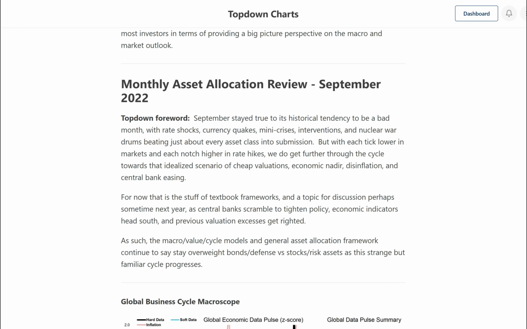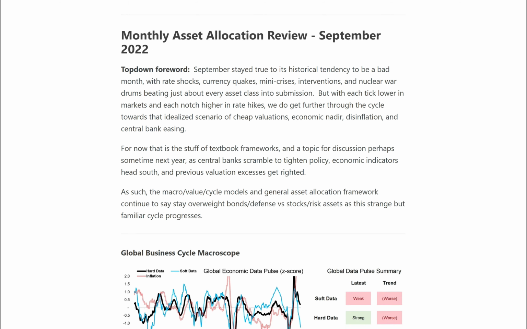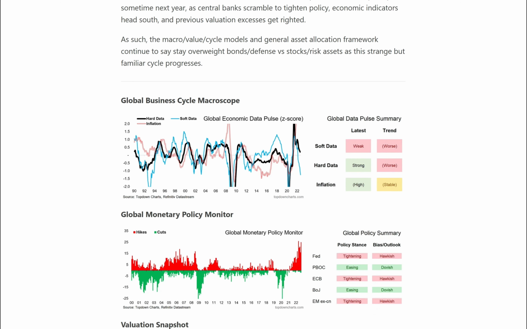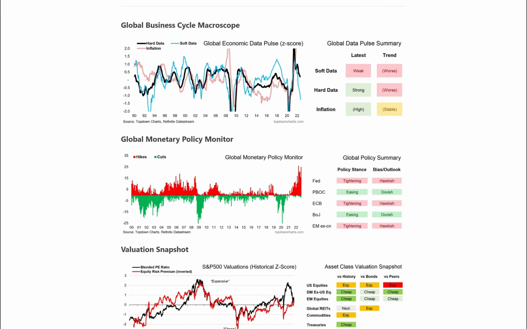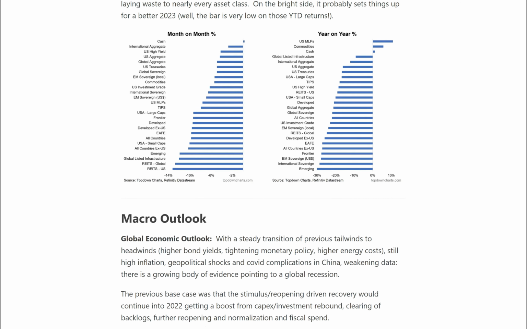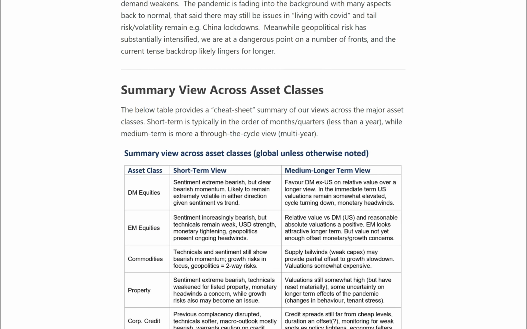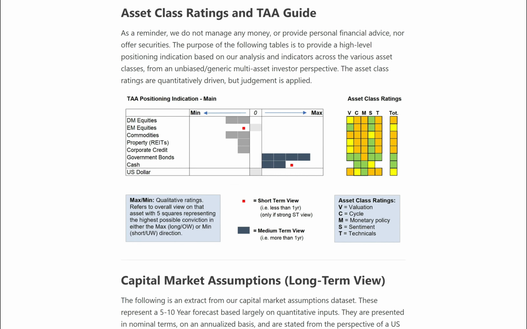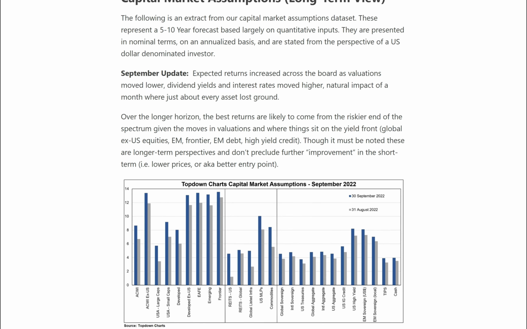Again, going back, the monthly asset allocation review, designed to be this kind of one-stop shop where you can just get a snapshot of what's going on in the world, what's going on across assets, how to think about the different asset classes, how to position, and how to think about the long term.